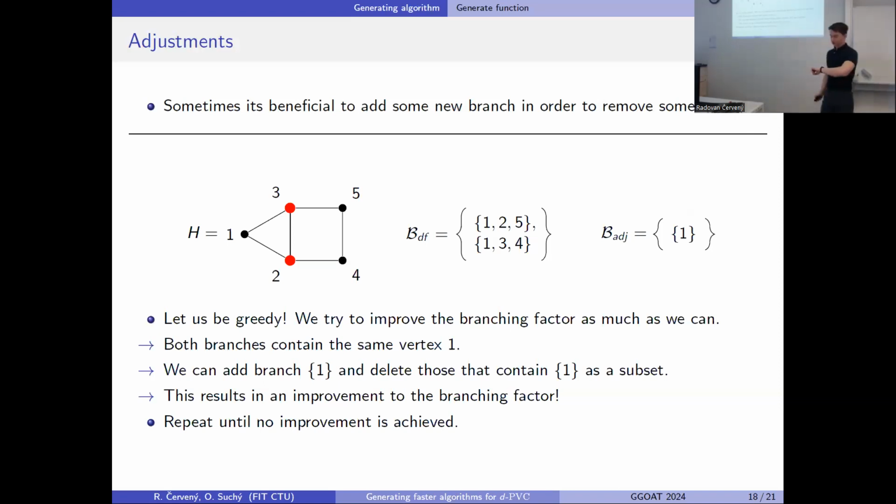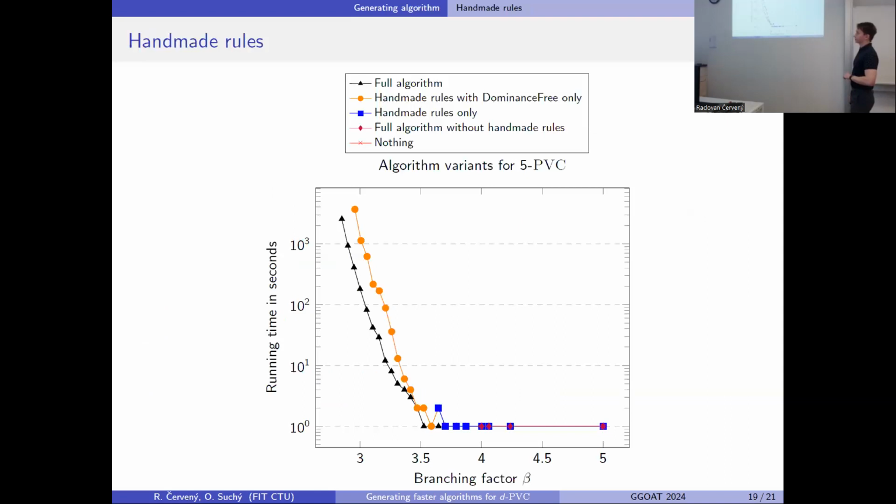Now you may ask if this is all necessary for our algorithm, and yeah, it is necessary. This graph compares the generating algorithm if I choose to turn off some of these features. In here it's not very visible, but if you do nothing, like no dominance, anything, you just get stuck at 5.